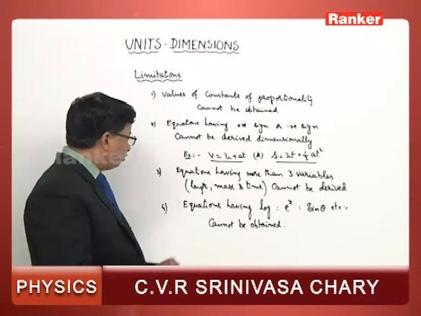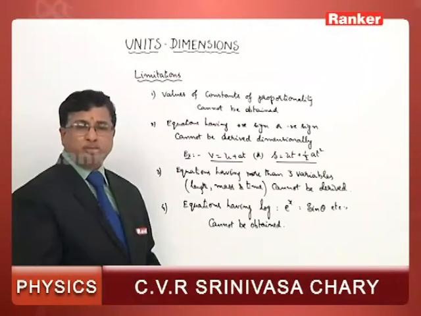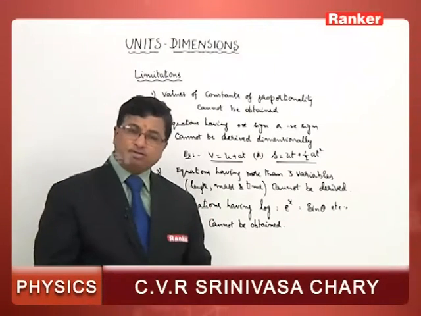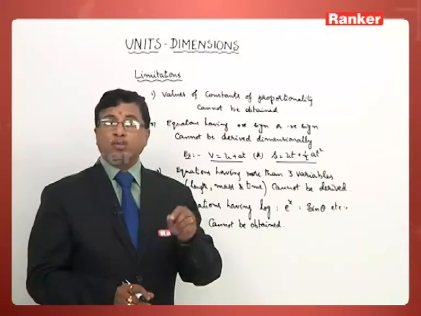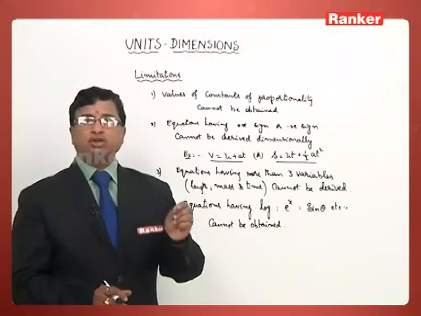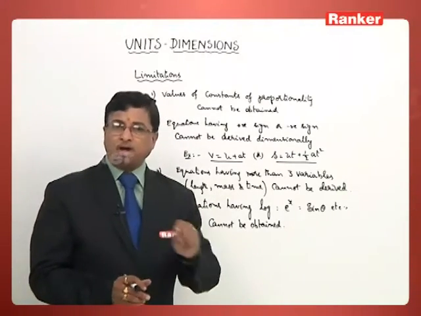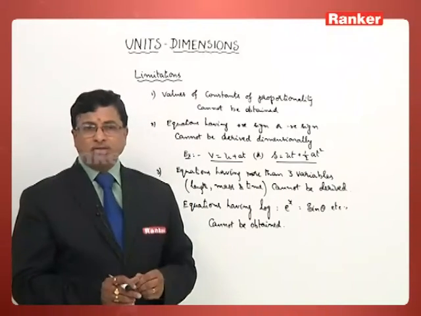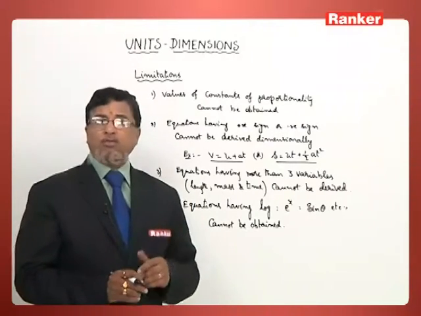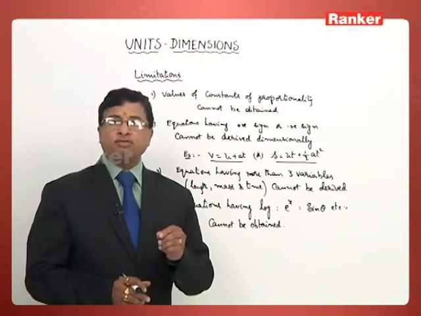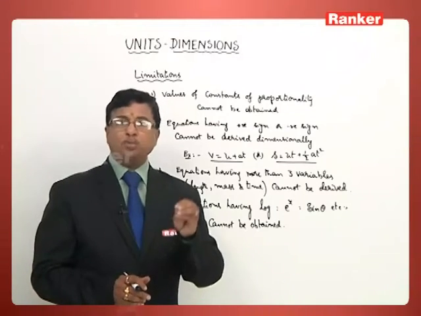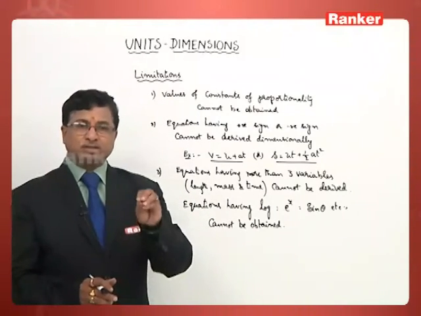And coming to the last one, equations having logarithmic values or exponential functions, or even for that matter trigonometric ratios, those equations cannot be obtained or derived dimensionally. So, these are the points what one has to remember as far as dimensional analysis is concerned.